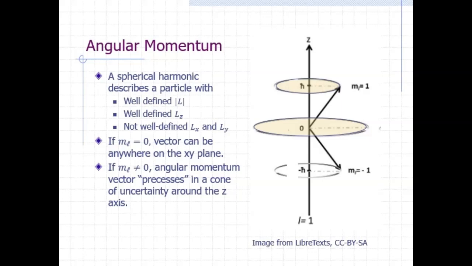If L equals 1, then the length of any vector, with tail at the origin and tip at the circle, like this one, is square root of 2 times h bar. Because we don't know the x and y components, the tip of the arrow could be anywhere on this circle. It could be here, or here, or here.